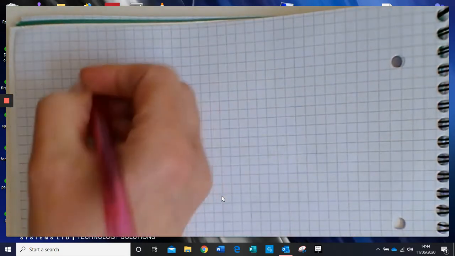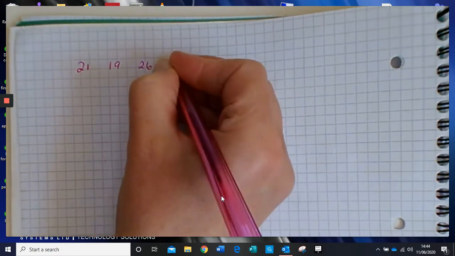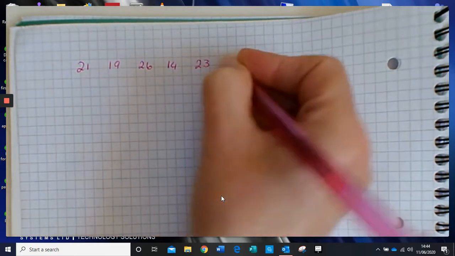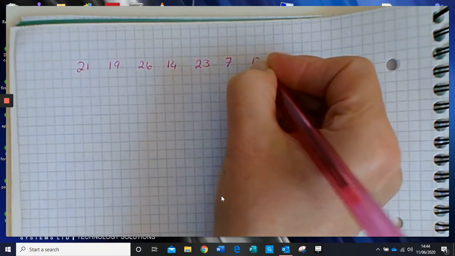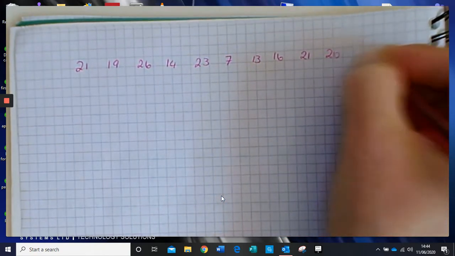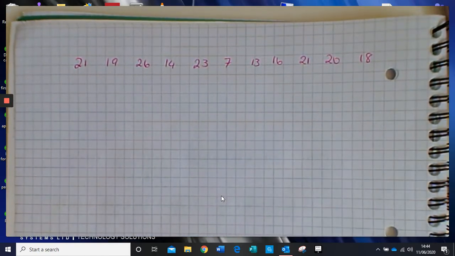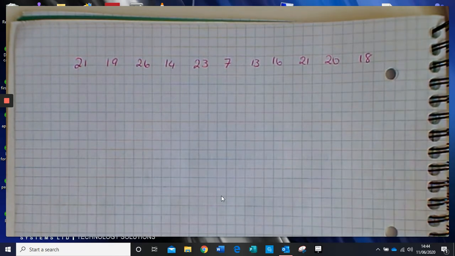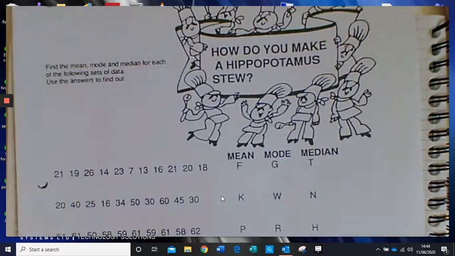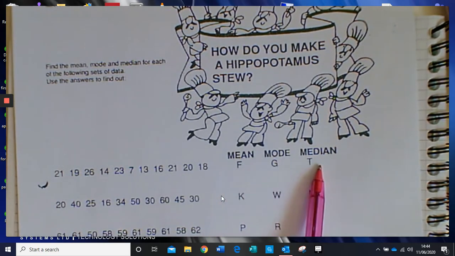So I've got 21, 19, 26, 14, 23, 7, 13, 16, 21, 20, and 18. So now I have written down my first question, and it says I need to find the mean, the mode, and the median.